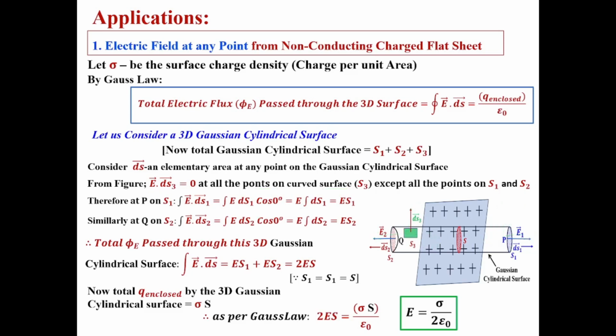So from the figure we find E dot ds3 will be 0 at all the points on the curved surface S3, except the points on S1 and S2.